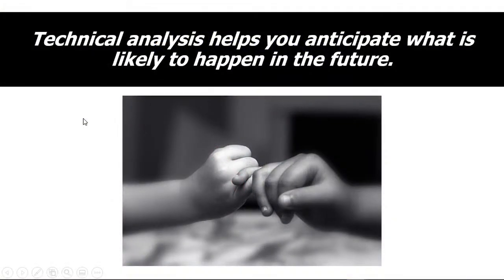So what I'm going to teach you guys are just a few different technical analysis strategies. Technical analysis can help you anticipate what is likely to happen in the future. Nothing in this game is 100%. And notice that I don't say predict what is going to happen in the future, right? It's not about predicting. It's about anticipating changes in trend. It's about identifying reversals.